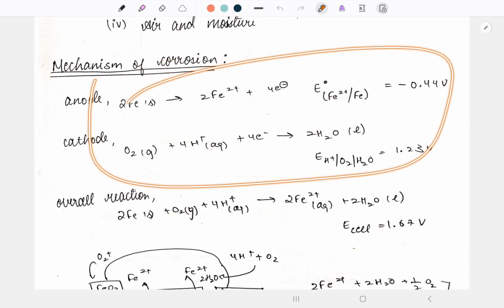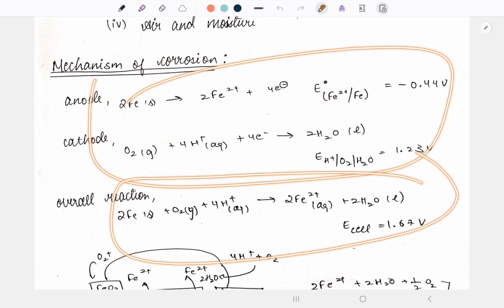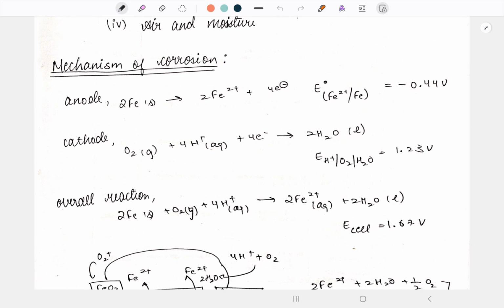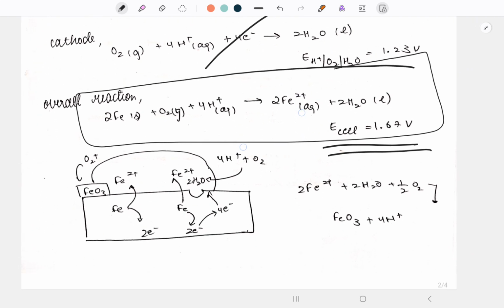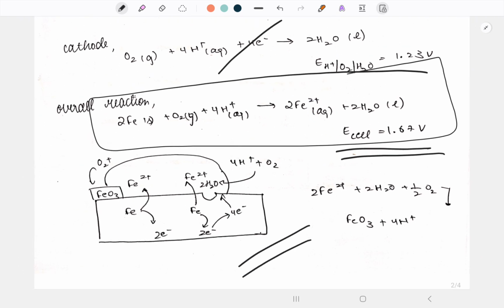By adding these two, the overall reaction will be like this, because we will strike out the electrons, and after that we get the final reaction as follows, with the E cell to be 1.67 volt. This is the mechanism of rusting of iron in the atmosphere.